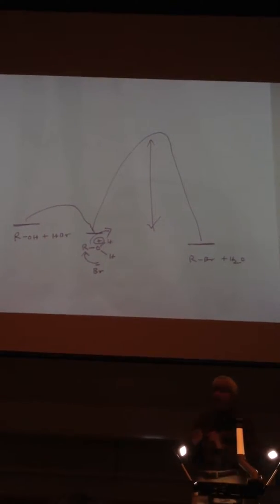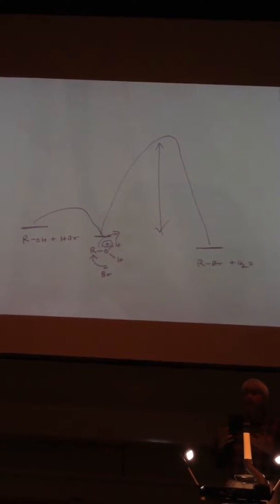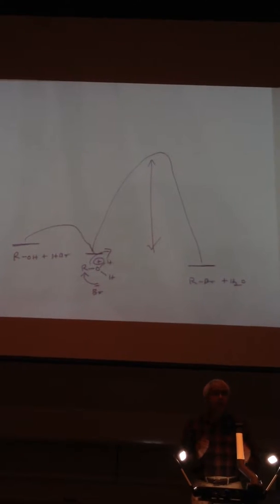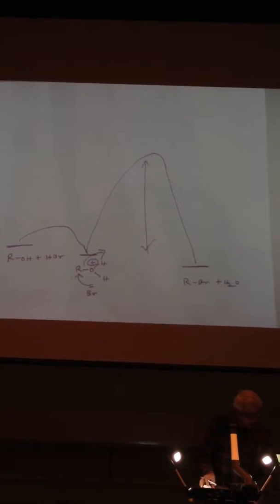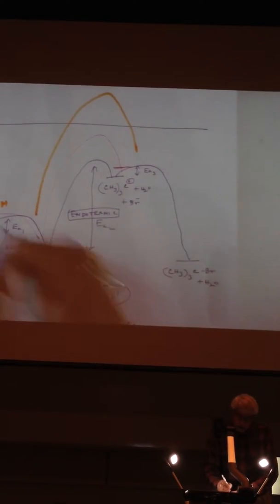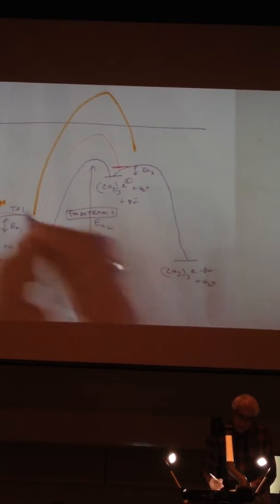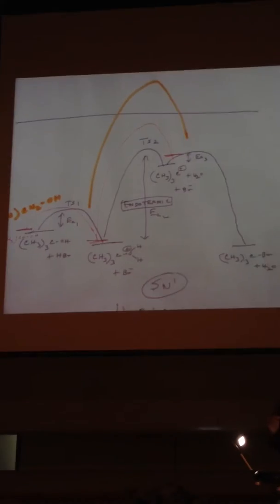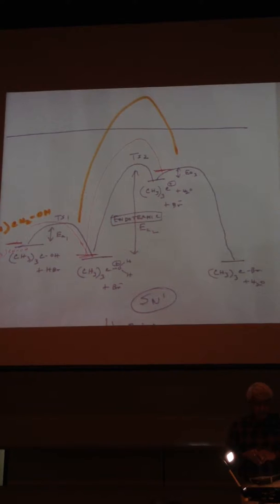Now, there are a couple other things that we can actually relate to the structure. In each case, we have a transition state involved. So let me go back to the previous model. So this is TS1. This is TS2. And what would be the transition state structure?